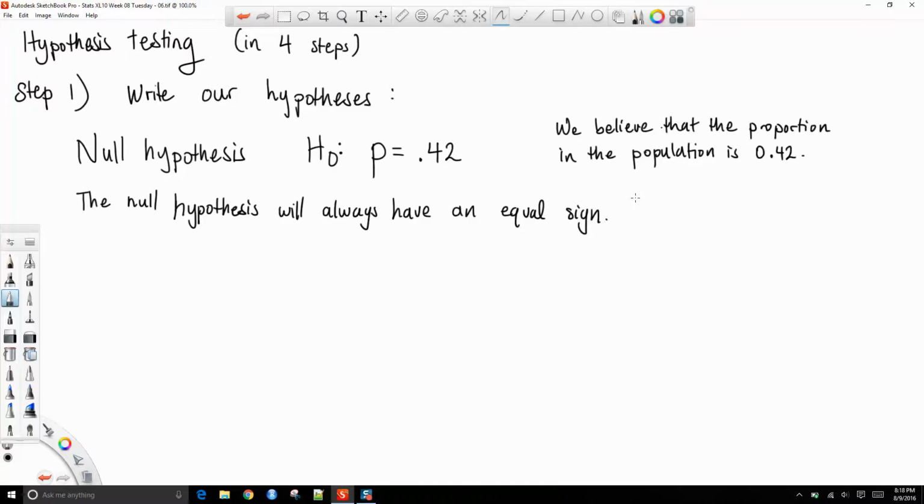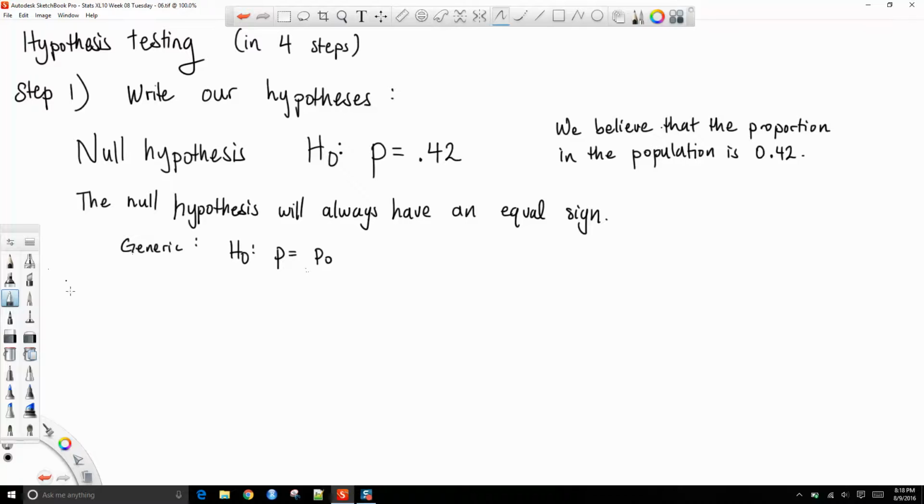Because we can have data that contradicts that p equals 0.42. If the null didn't have an equal sign, then it makes it difficult to test, okay? So the null hypothesis is p is equal to some number. Or generically, the generic null hypothesis would be p is equal to p0, p0 being some number like 0.42, okay?